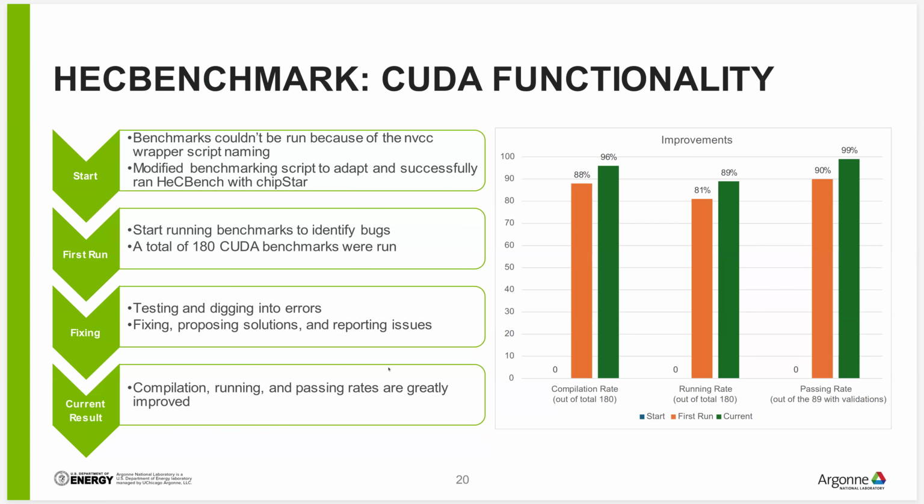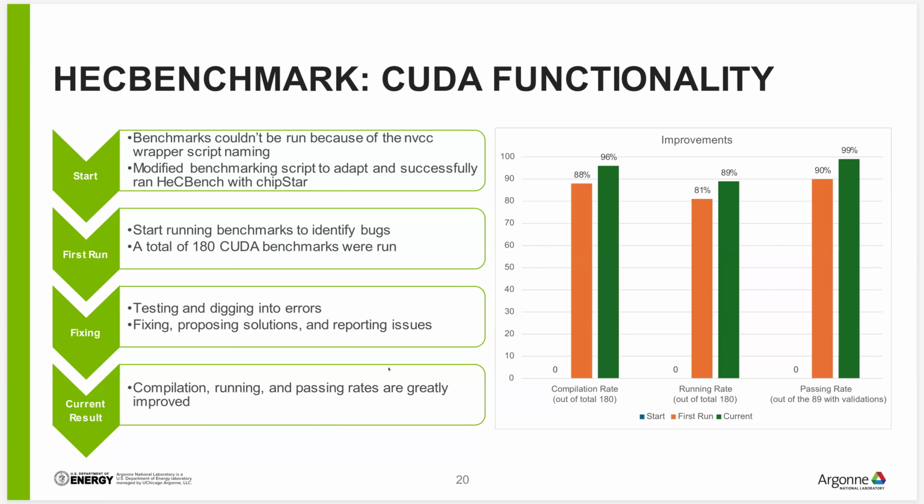So 90% compile and 81% of the total run. And 90% of those which were validating passed at first. And then Jenny went and dug through the errors.